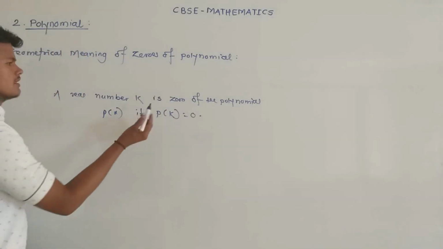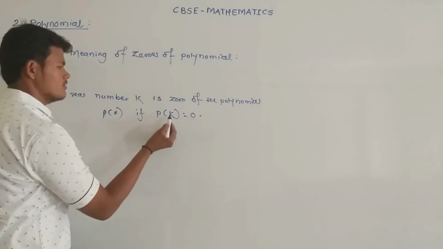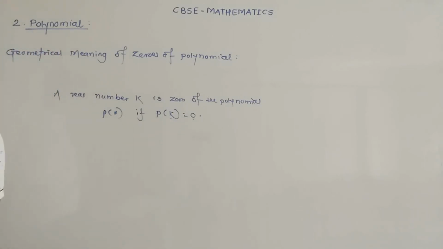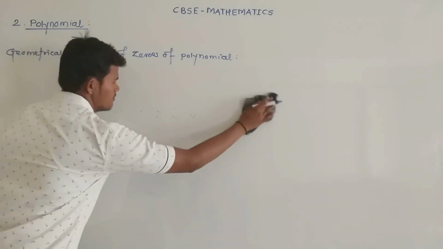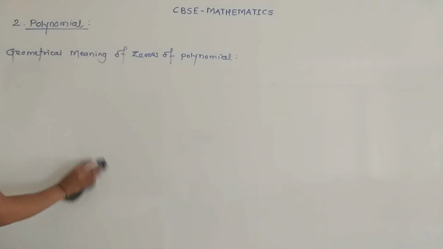That means if the value of the polynomial is 0, then k is the zero of the polynomial. Now we have to see the geometrical meaning of the zeros of the polynomial. There are three types, that is linear polynomial.